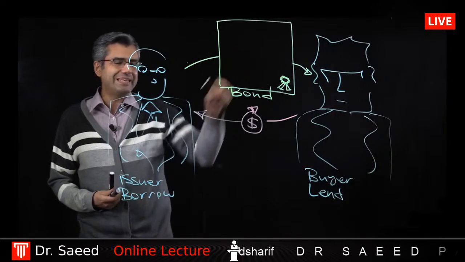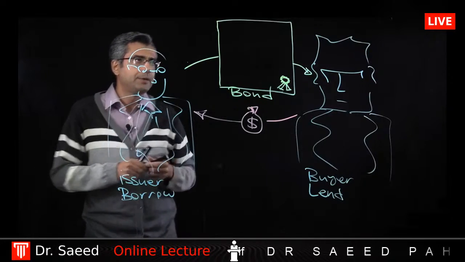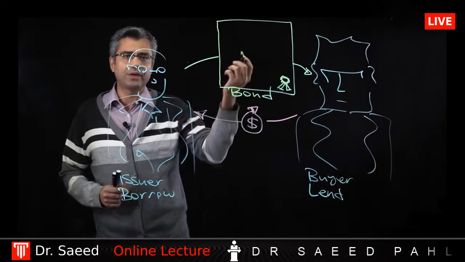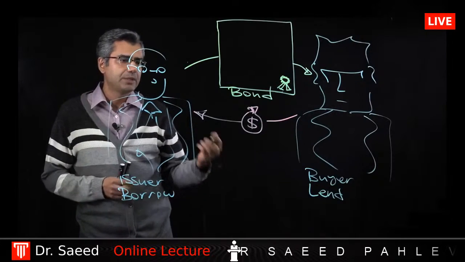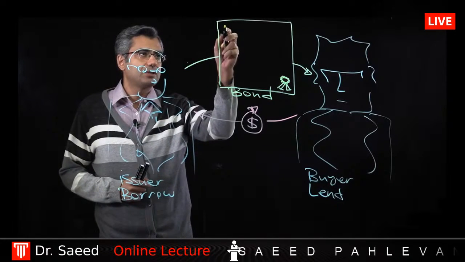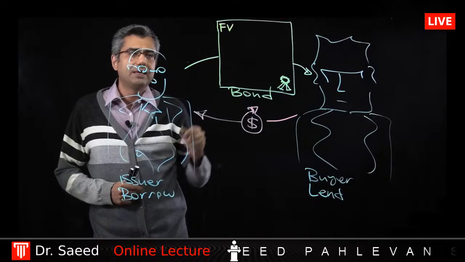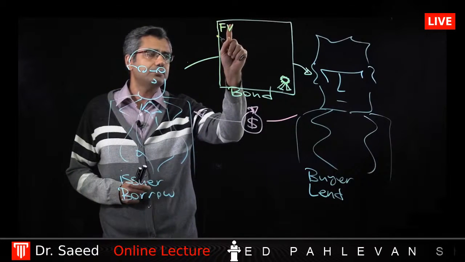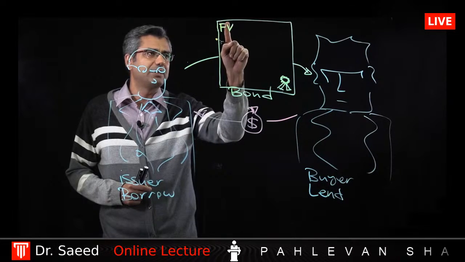There are certain things mentioned in the bond contract or this instrument. Of course, one is the name of the issuer. It can be a company or it can be the government. And then there are a few other things. One is called par value, or we name it face value.